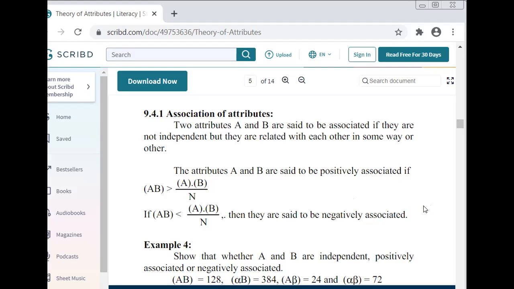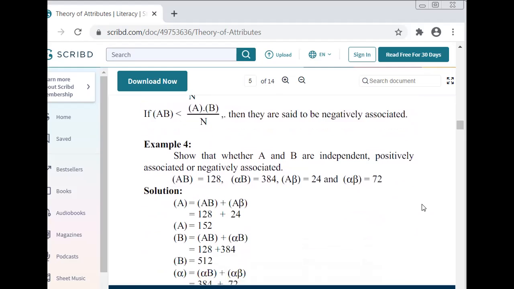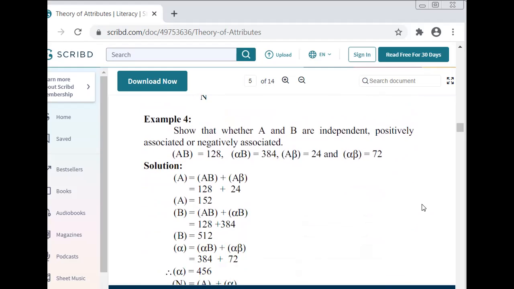Okay. So based on these formulas, how do we solve the problems? Now see the example: show whether A and B are independent, positively associated or negatively associated. I think three formulas are there. In these three formulas, I have to substitute the known values.